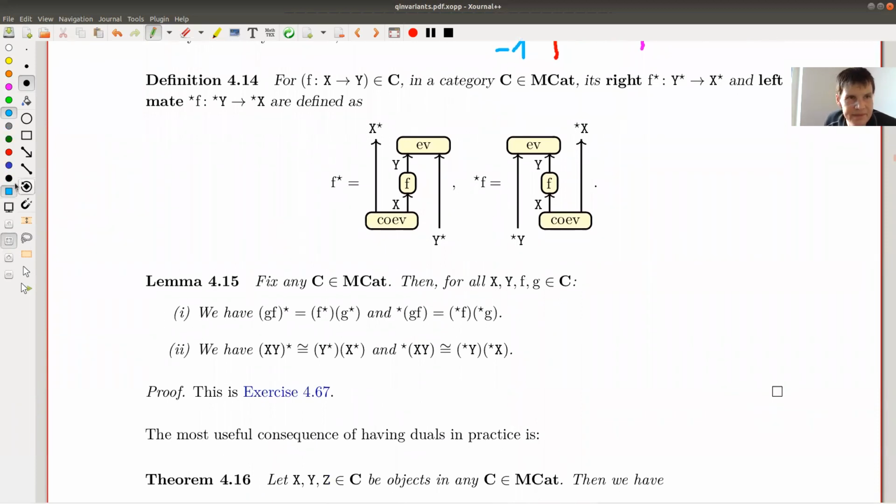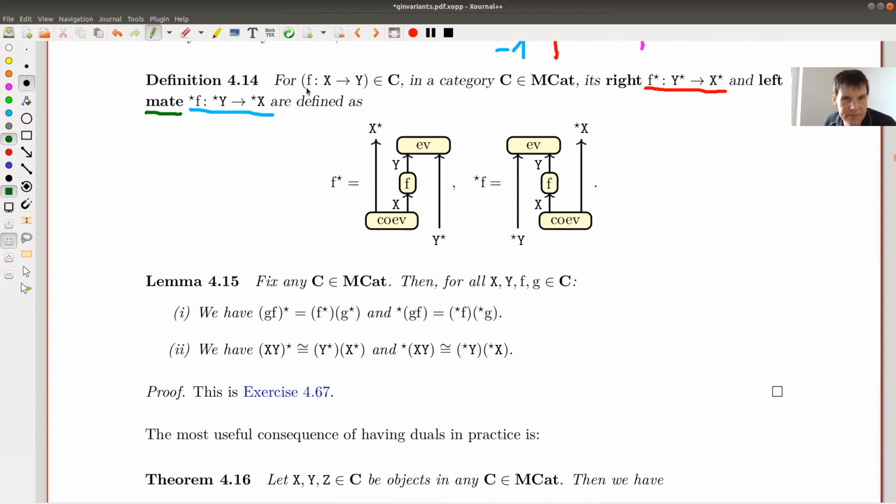Okay, and so the definition. Well, we do category theory in some sense, right? So duality should be something that exists for morphisms as well, and you can write down the left and the right, so-called mate of a morphism.